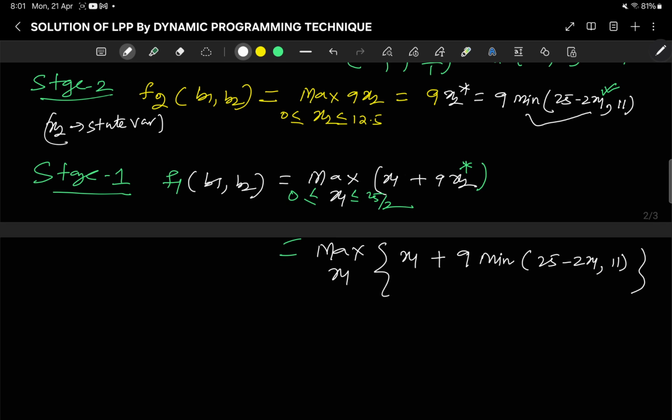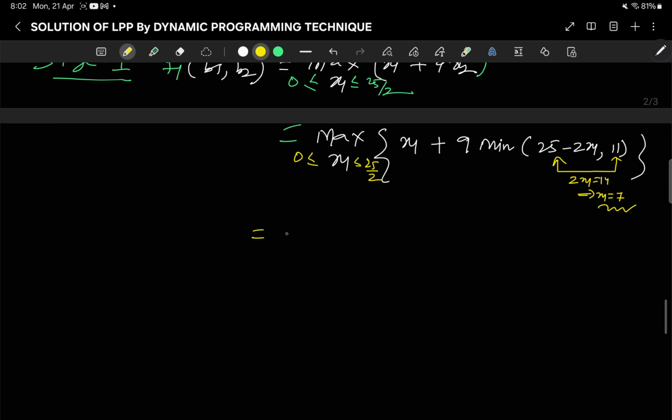Now if you compare these two and simplify, 25 minus 2x1 equals 11, so 2x1 is 14, and x1 is 7. Here x1 ranges from 0 to 25 by 2, but the intermediate value of x1 is 7.